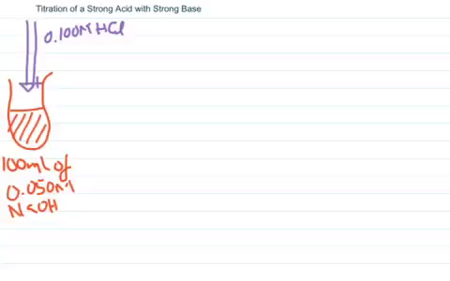Alright. So I'm going to be titrating a strong acid with a strong base. Inside of my burette is my strong acid, and inside of my flask is my strong base, sodium hydroxide. Now the first thing I want to do is find the equivalence point. This is where you always want to start when you're looking at titration. So I'm going to find the volume you need to reach the equivalence point.